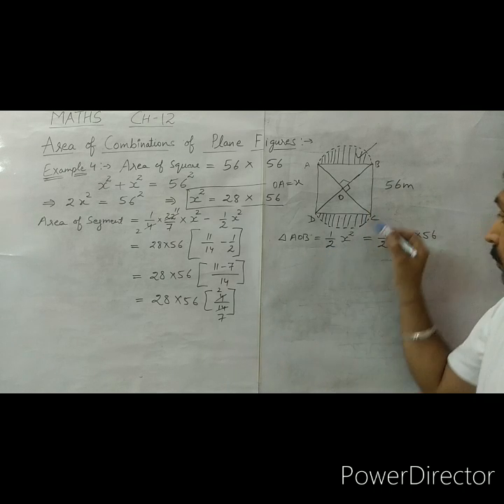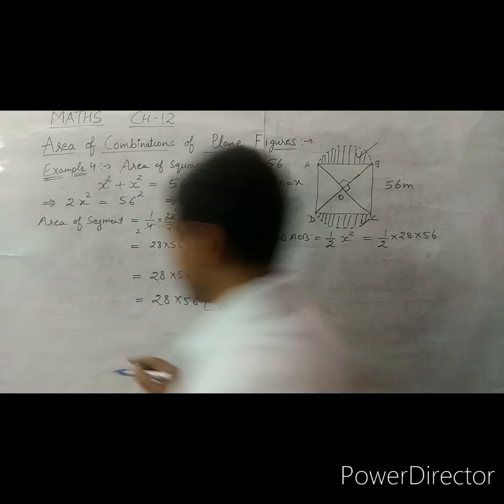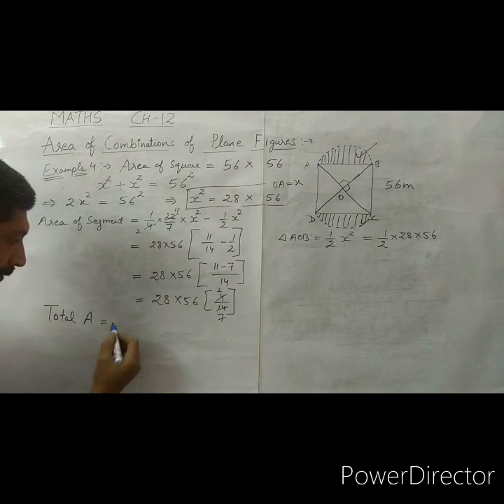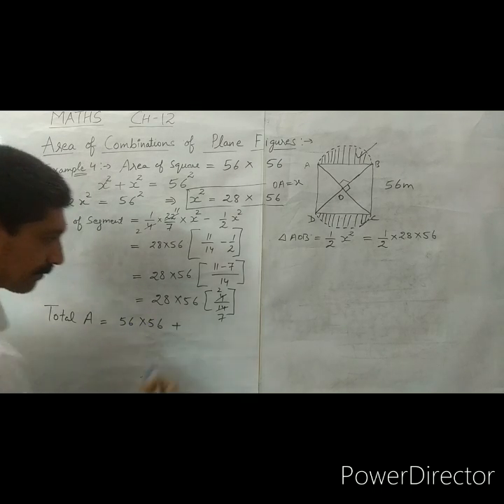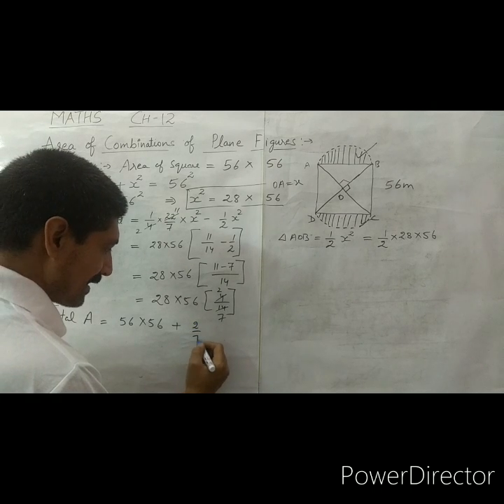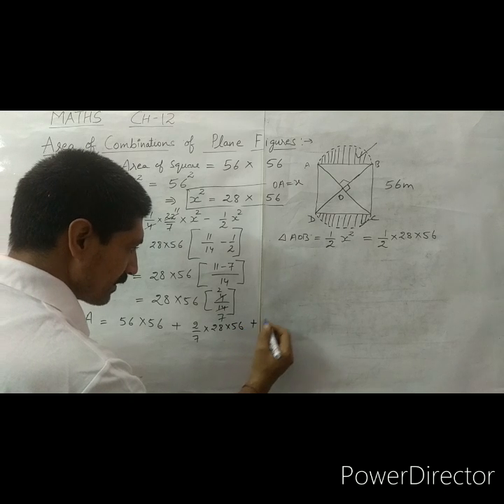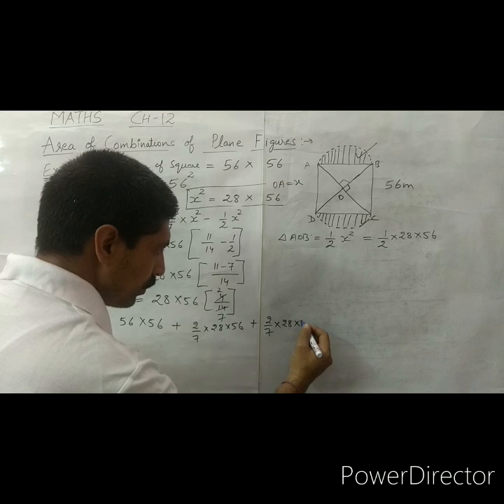We have one more, so we need the total required area. The total area is equal to the area of the square lawn, that is 56 into 56, plus 2 upon 7 into 28 into 56, plus 2 upon 7 into 28 into 56.